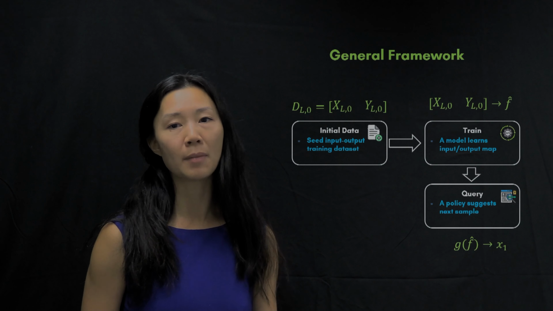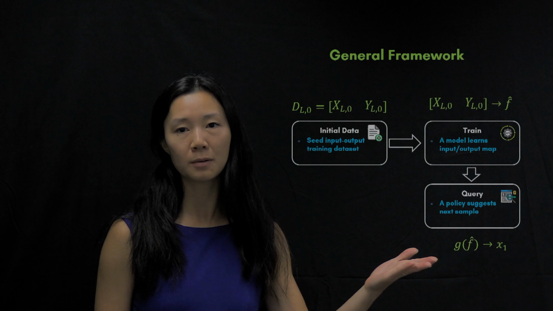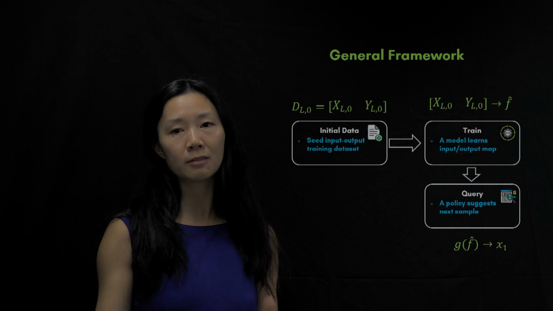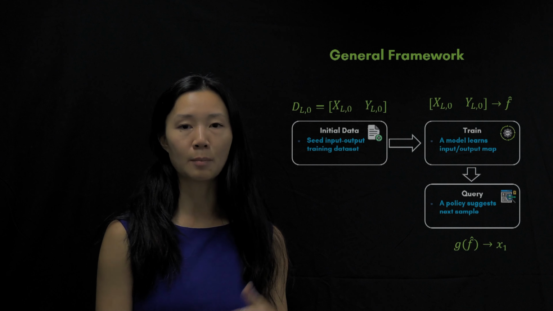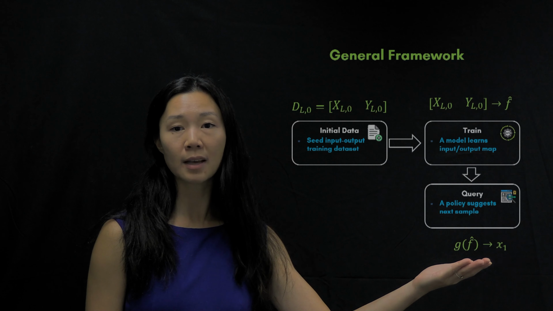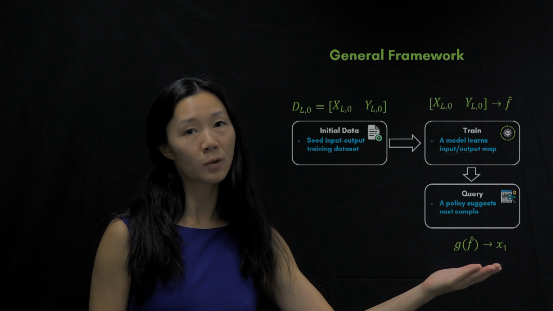You then pass that model over to a query policy, which we will notate as g, and the query policy will then give you the next location to sample. In this case, the location to sample is your input X for the next iteration, 1.